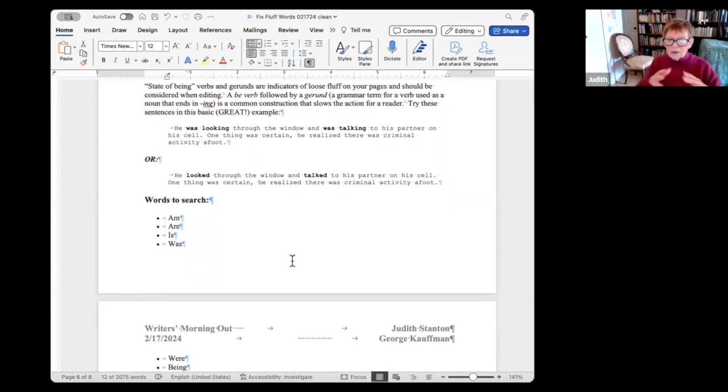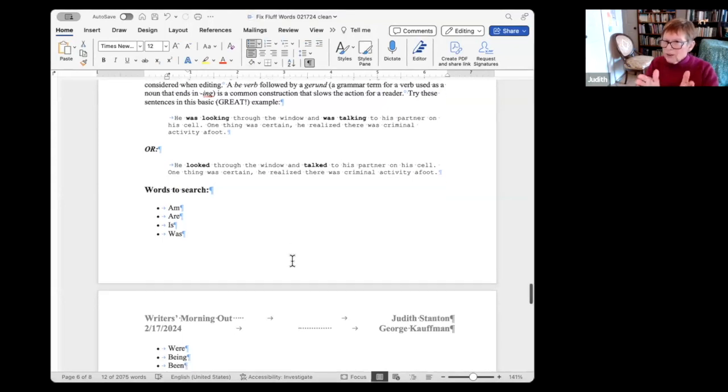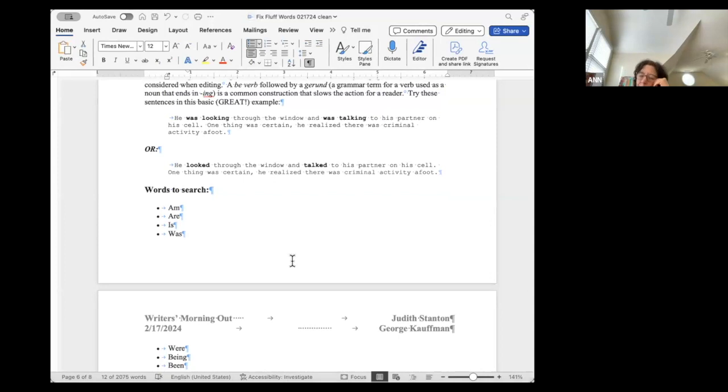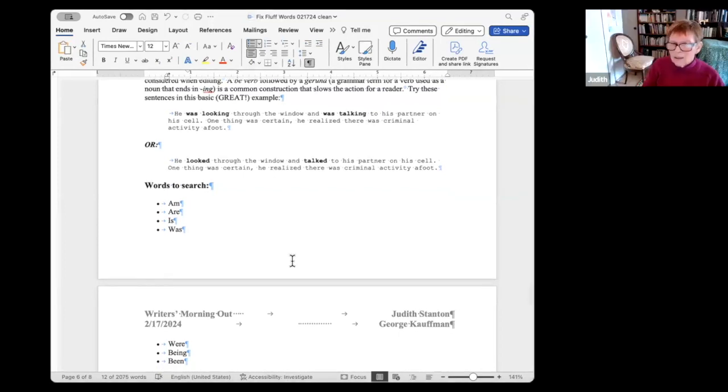And the objection to changing it from was looking to simply looked is that was looking is a process and describes the process that he was looking and continuing to look. If you just say looked, it's over, but it's not really over, and it's tighter, cleaner writing.